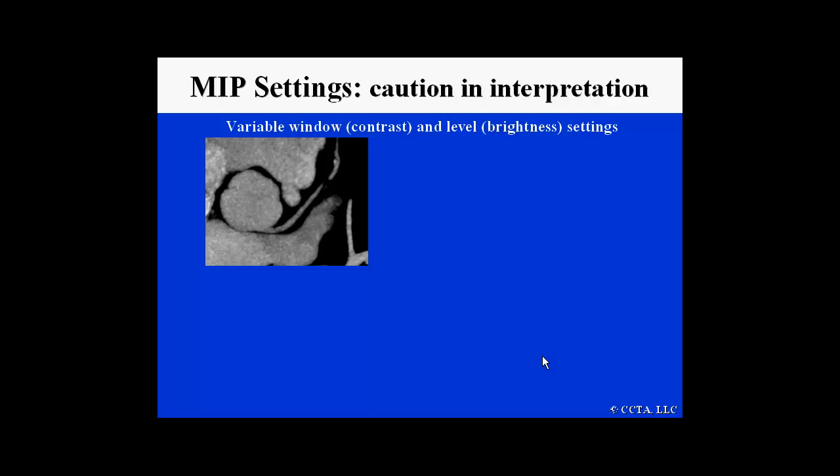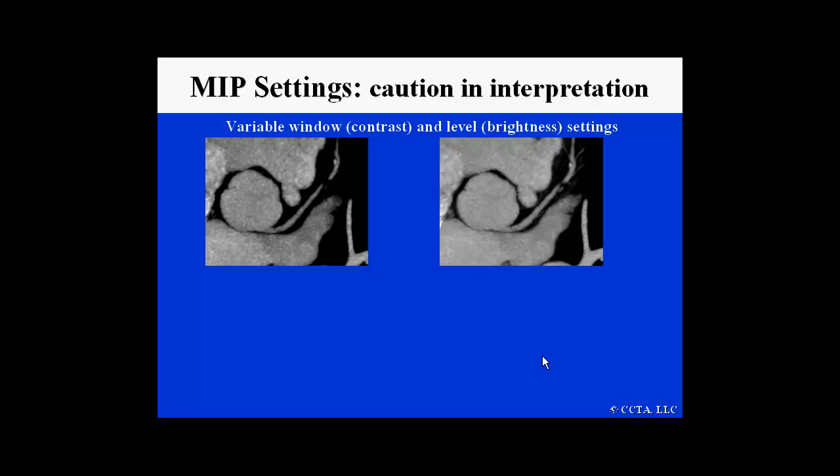Now let's take the same image, reconstructed identically, but displayed on the workstation with a different window and level. In this image, you can see that the size of the proximal LAD is actually bigger than the apparent size on the image on the left.